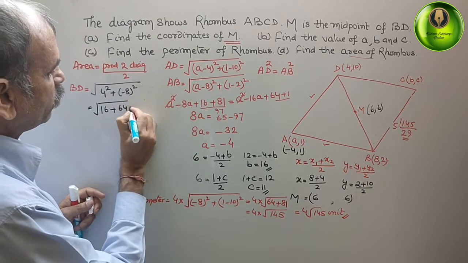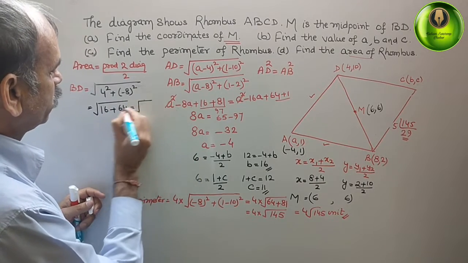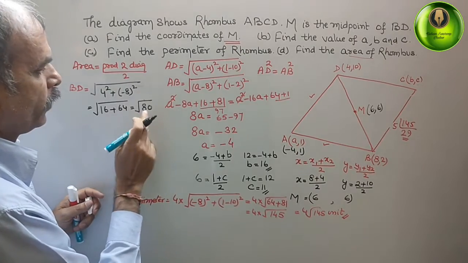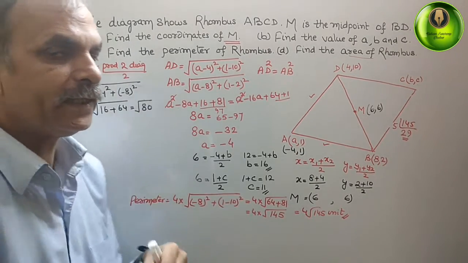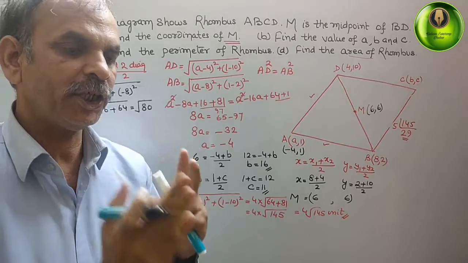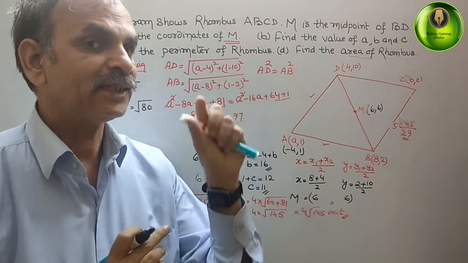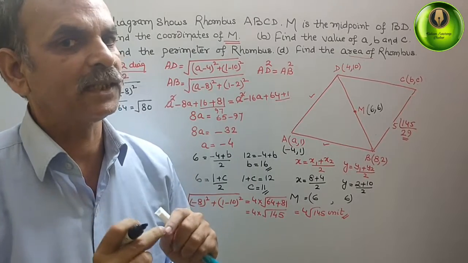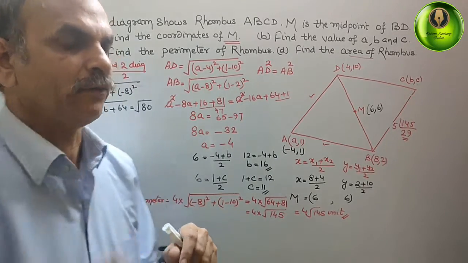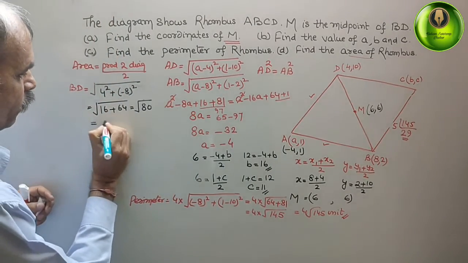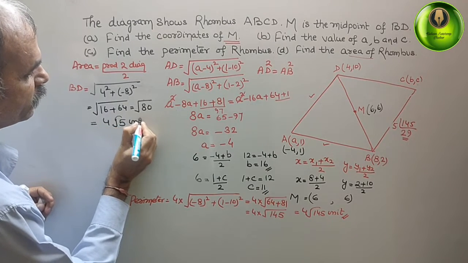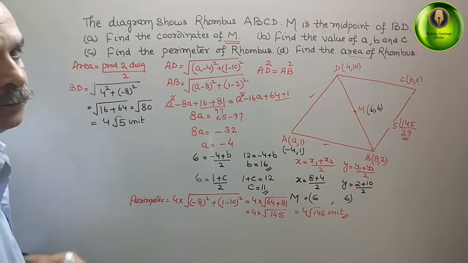So that is equal to root 80. 80 is nothing but 16 into 5, and 16 is the perfect square of 4. So therefore your answer is 4 root 5 unit is your BD.